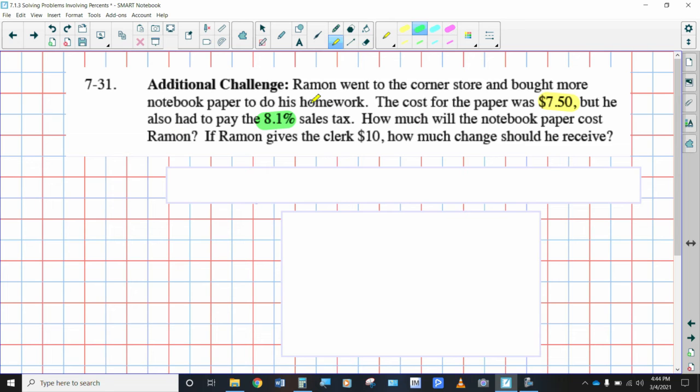Remember, you've got to pay 100% of the price plus an additional 8.1%. Put it all together and use that as your multiplier to figure out how much he will pay for the notebook paper. Then, second part, if Ramon gives the clerk $10, how much change would he receive?